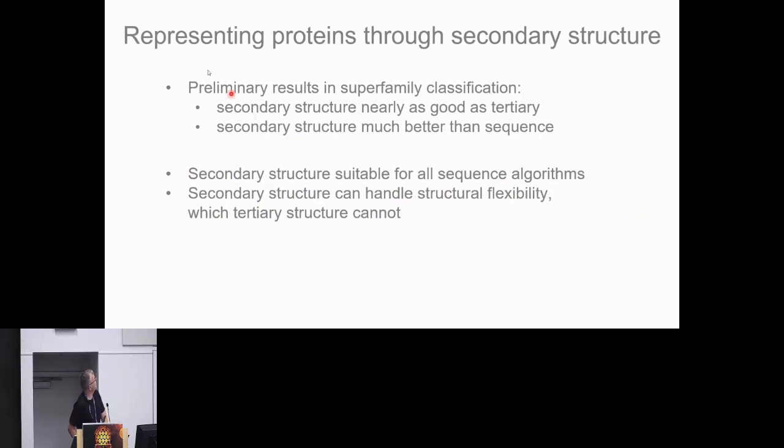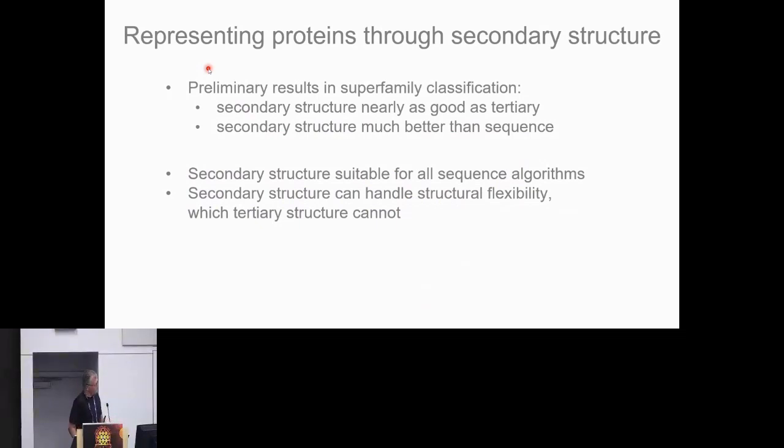So what we've been doing is basically we rendered some results on representing structure by secondary structure rather than tertiary. And what we found is that for superfamily classification, we could tweak it so that secondary structure was nearly as good in terms of classification of superfamily membership as tertiary structure. And of course, it was much, much better than sequence.